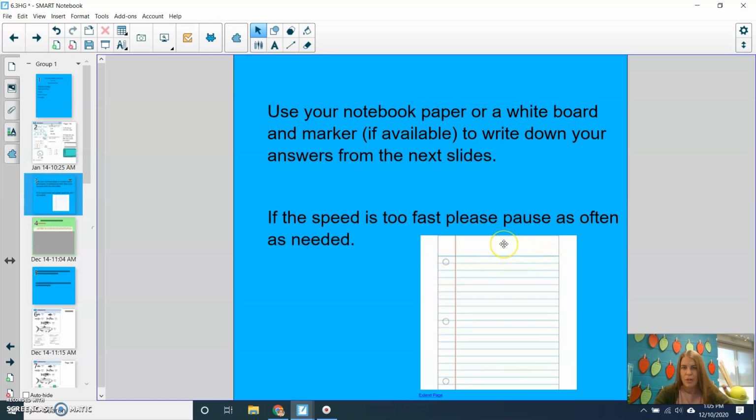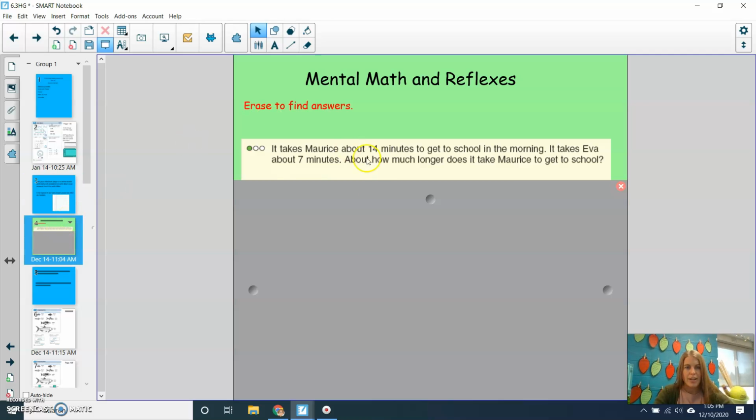Please use either a notebook paper or whiteboard and marker to complete the problems on the next slides. If the speed is too fast, pause as often as needed. So for our first question, it takes Maurice about 14 minutes to get to school in the morning. It takes Ava about 7 minutes. How much longer does it take Maurice to get to school?